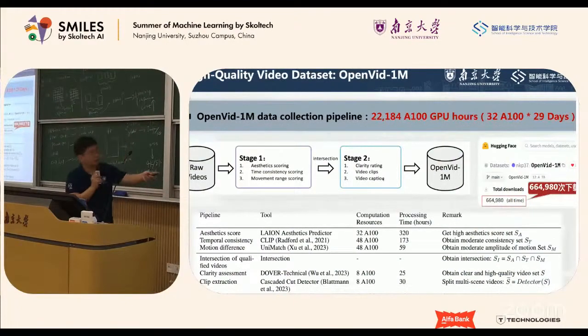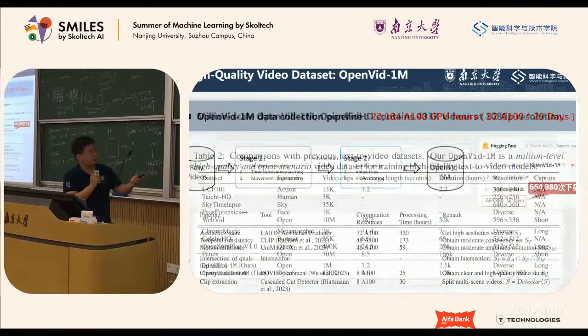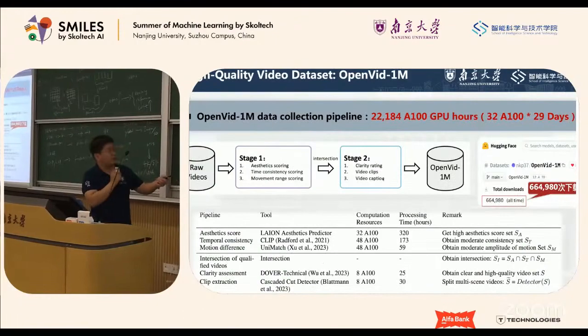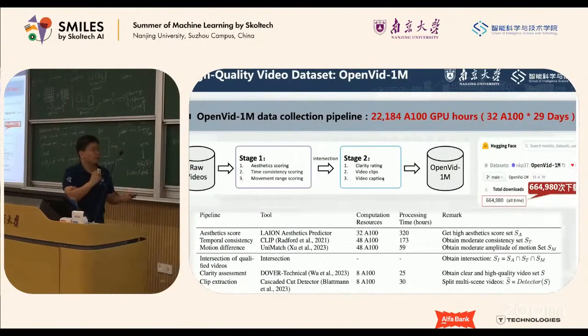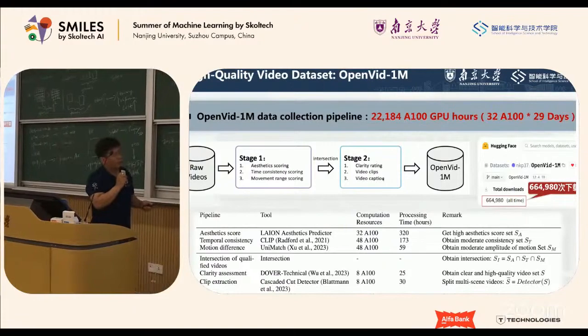In stage one, we have aesthetic scoring, temporal consistency scoring, and motion scoring or filtering. In stage two, we filter with clarity, then we split the video clips, and finally we do the video captioning.